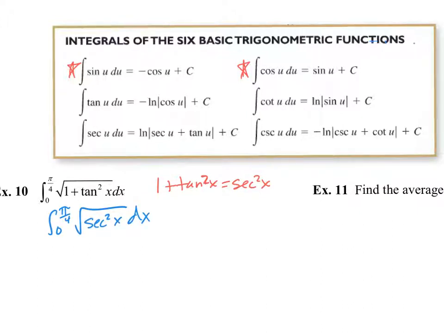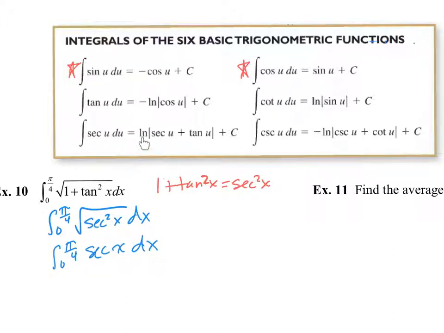And then we can simplify a little bit more, because we're taking the square root of secant squared. So those two functions will undo each other. So we can rewrite this as the integral from 0 to pi fourths of just secant squared, no, not secant squared. We just took the square root of secant squared, so it would be secant x dx. Okay, so look up at the table and let's see what the integral of secant of a function is.